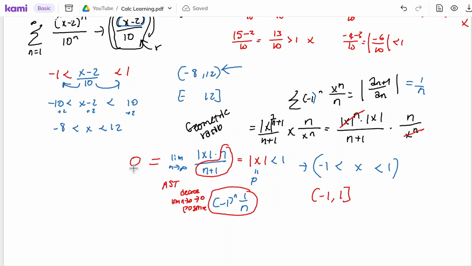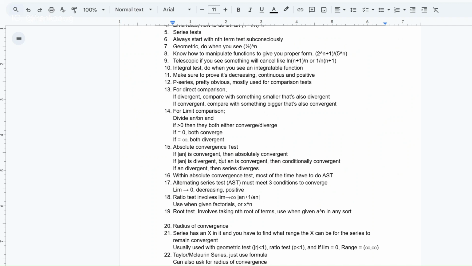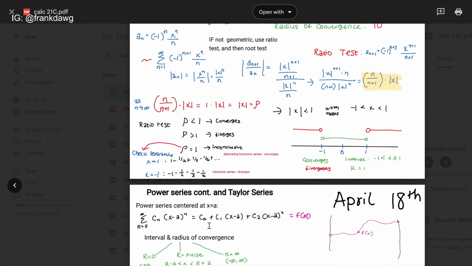Since I can't solve for anything, the radius is just -infinity to infinity. It's all real numbers. Next up, Taylor and Maclaurin series. These are more difficult per se, so I'm just going to go to my notes and show that at the end to finish up the video.